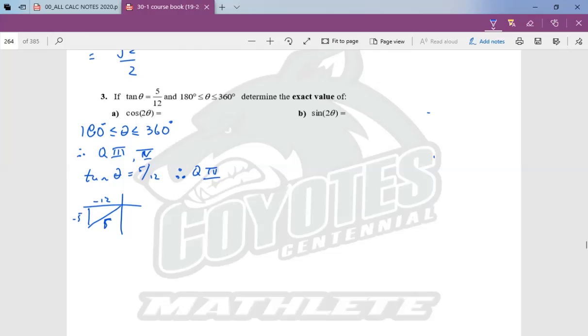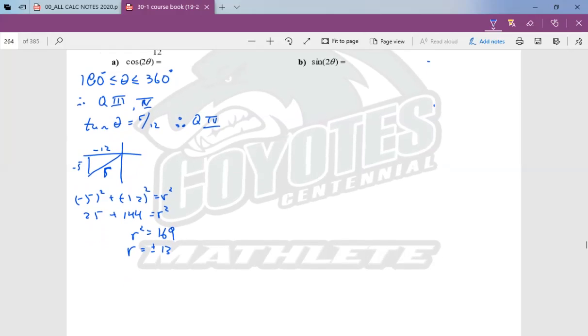And so therefore, negative 5 squared plus negative 12 squared is r squared. 25 plus 144 is r squared. R squared is equal to 169. R is equal to plus or minus 13. We need to state this, but we know that r is a scalar. So let's state that r has to be greater than 0. Therefore, r is equal to positive 13.